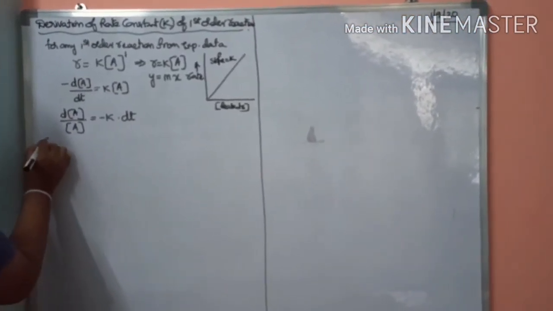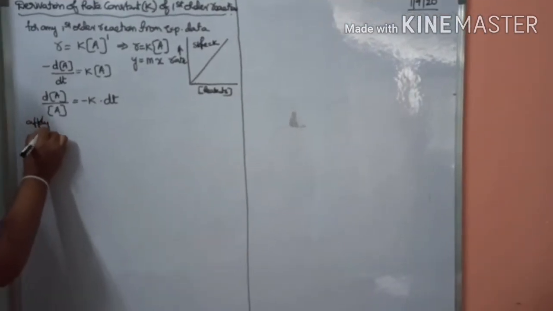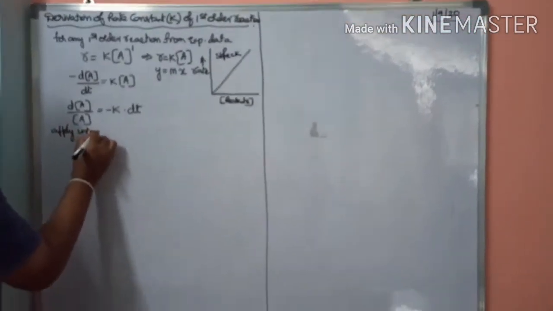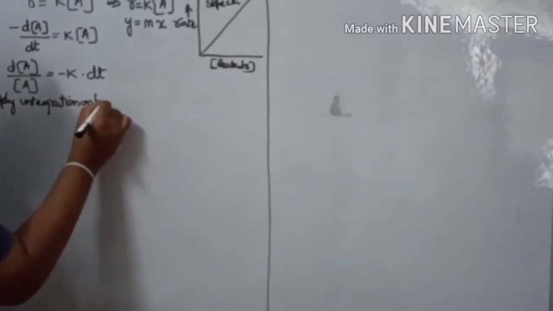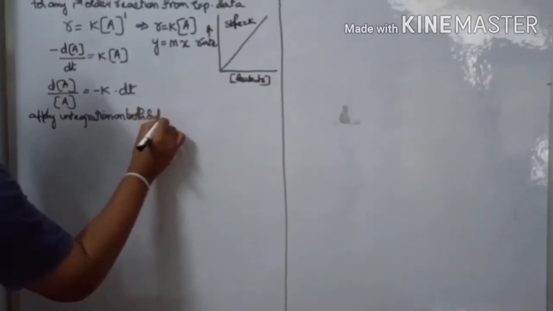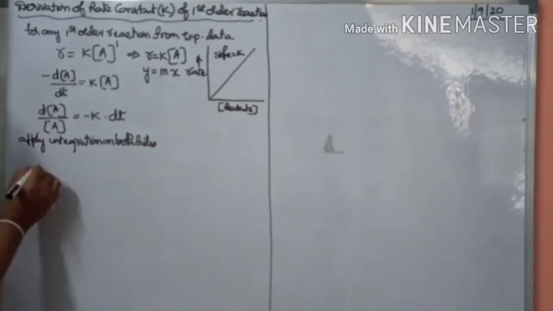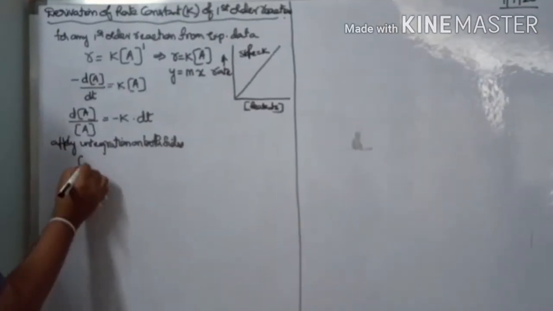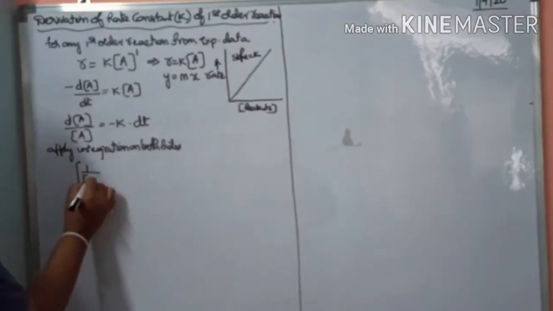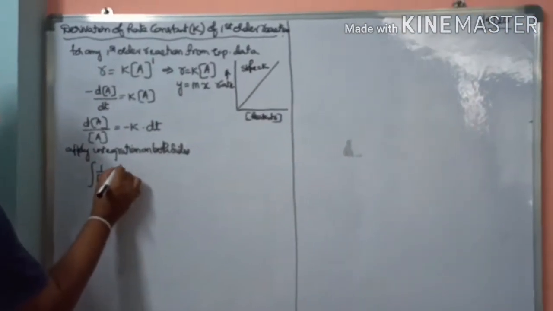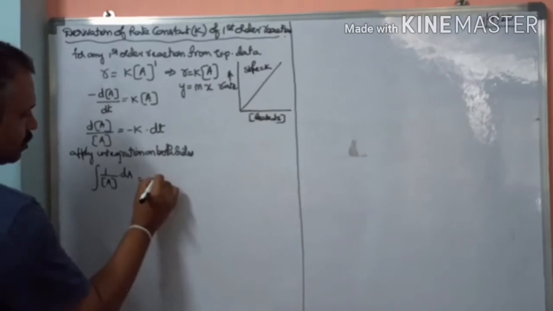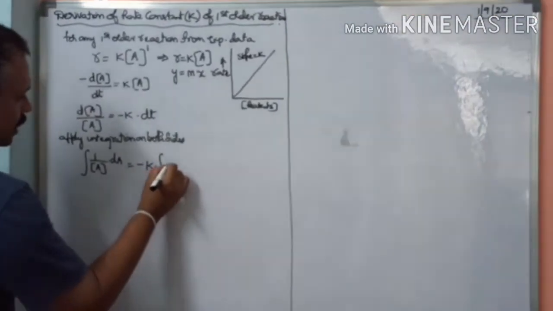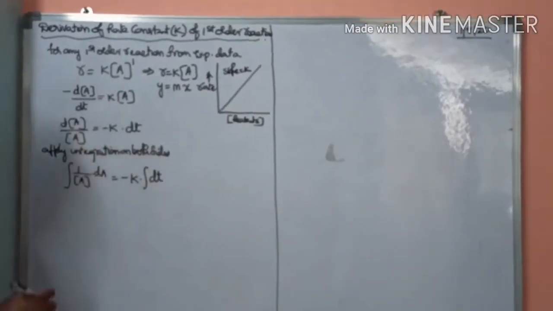Now apply integration on both sides. If you apply integration on both sides, I can write the LHS term as integral of 1 by A dA, which is nothing but minus of K into integral of dt.